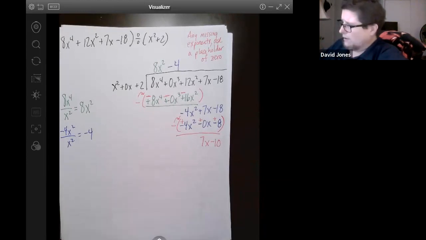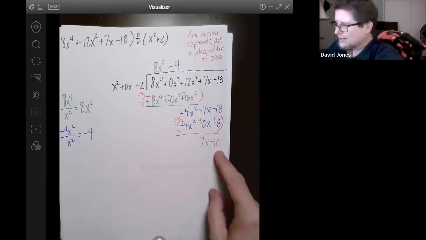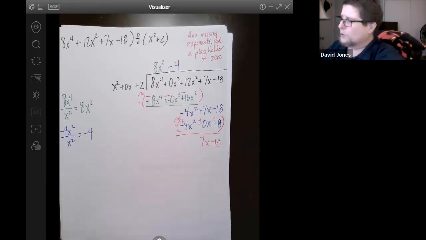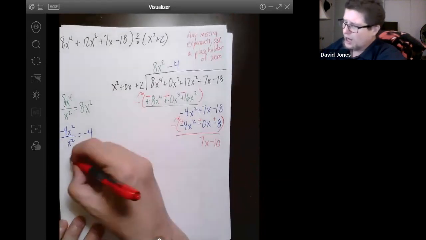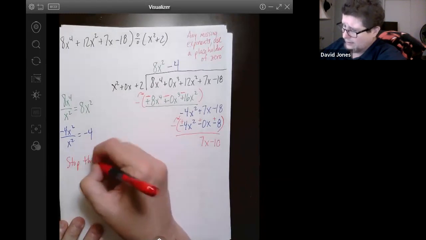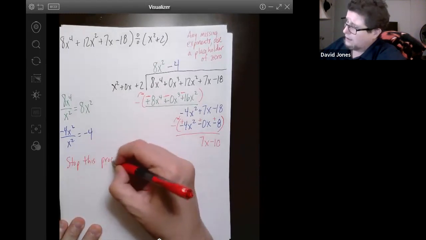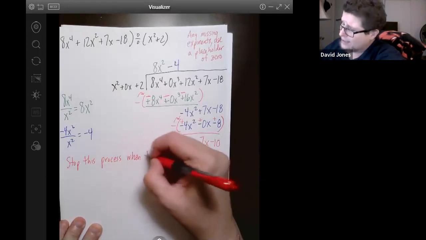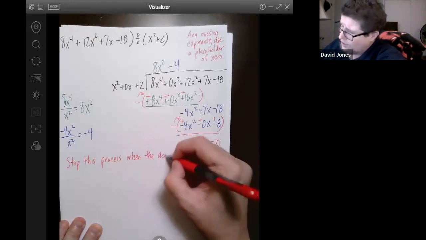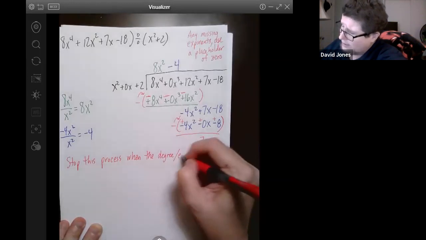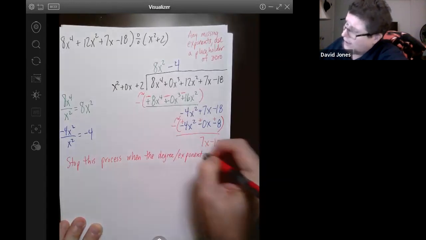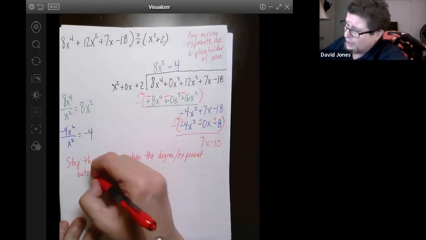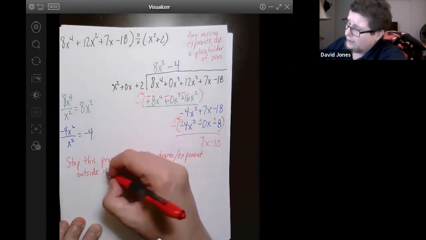Now, it looks like we've got stuff left over. What you want to do is stop this process when the degree or exponent outside is bigger than what's in the remainder.